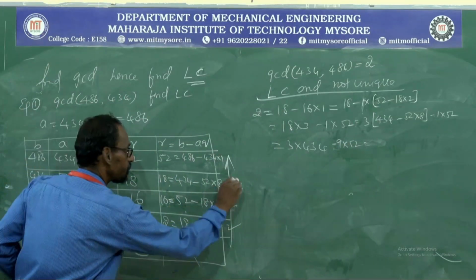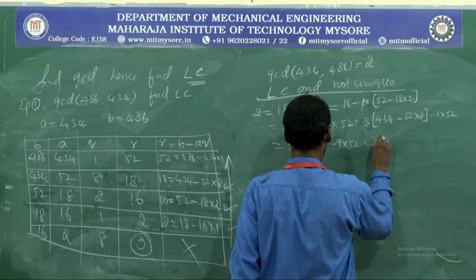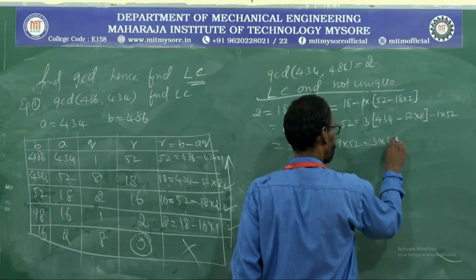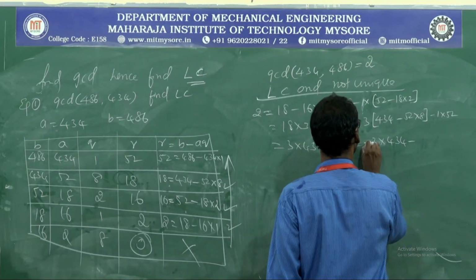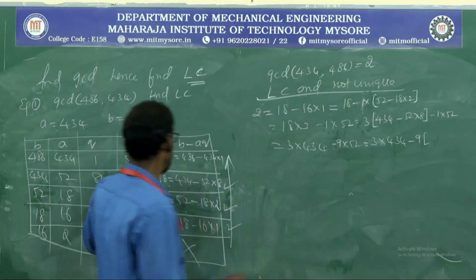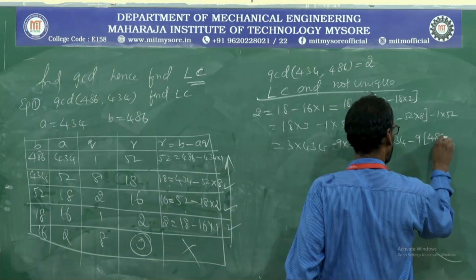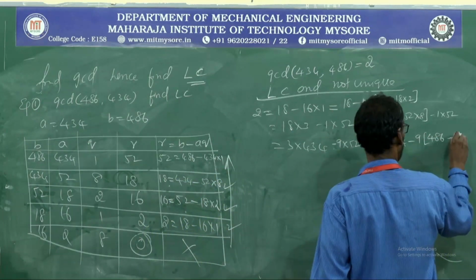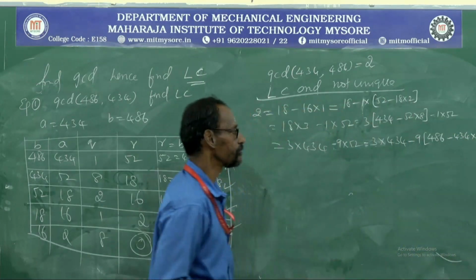Now replace 52. So we have 3 times 434 minus 9 bracket. You can replace 52, 52 we can write here 486 minus 434 into 1.